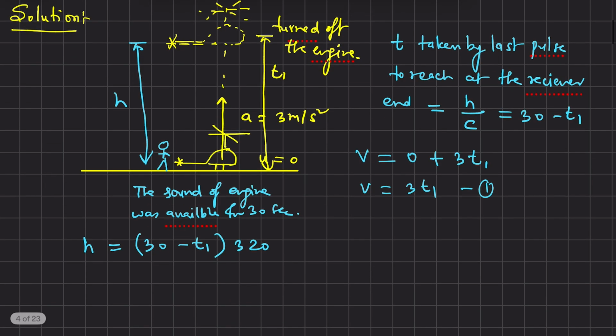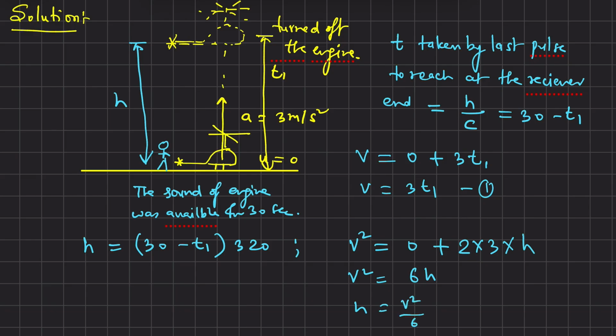And h also can be written as, because this helicopter has gone up to the height h with the acceleration of 3 and initial velocity 0, I can write this equation: v square is equal to 0 plus 2 into 3 into h. So v square is equal to 6h. So h can also be written as v square by 6. So I'll put this h here in this equation.